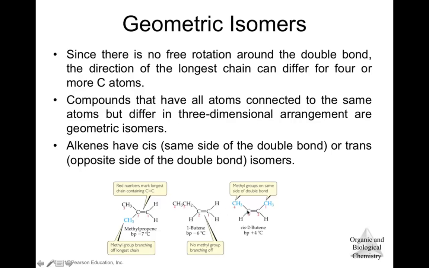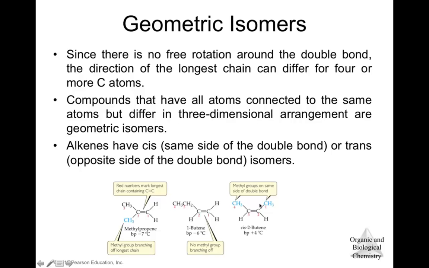This is an internal double bond. The external bonds basically are in the corner of the chain, while the internal double bonds are inside the chain. And because it's inside, you need to specify the position of that double bond.